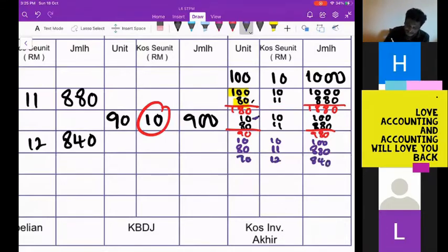So the purple color is the inventory yang masih ada dengan saya. The total of this is 1820, then this total is 160. These purple ones are the inventory yang masih ada dengan saya sekarang.